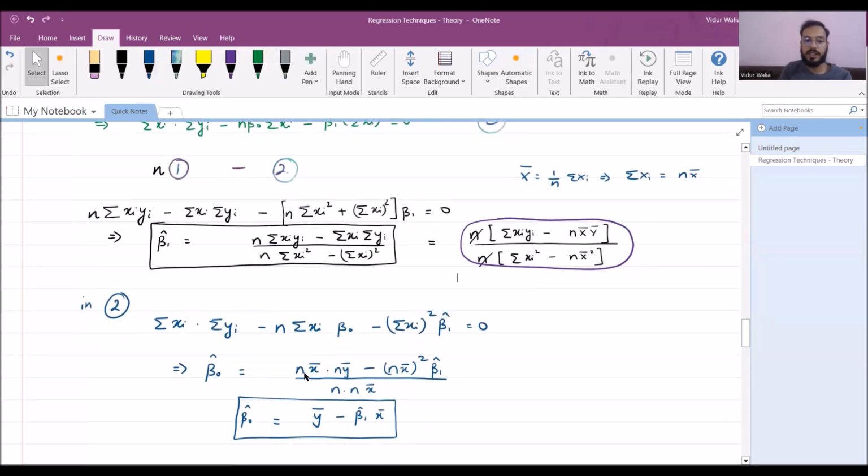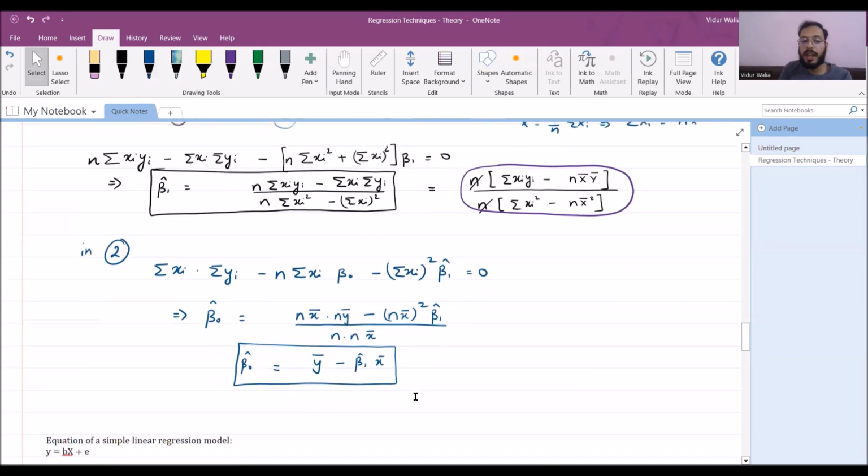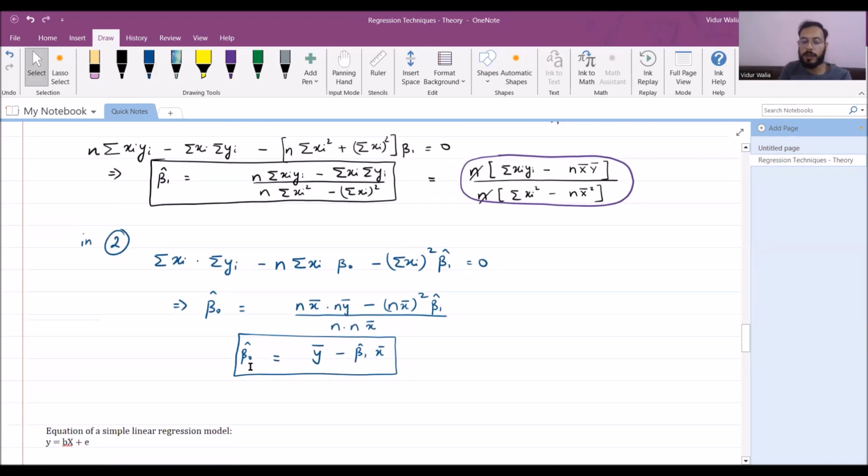Now I just rearrange the equation to get this value. Again, nx bar ny bar minus n times x bar whole square, and then this n and this nx bar. N square gets out common, x bar also gets out common, gets cancelled out, and beta naught hat value I get as y bar minus x bar times the previously calculated beta 1 using this equation.